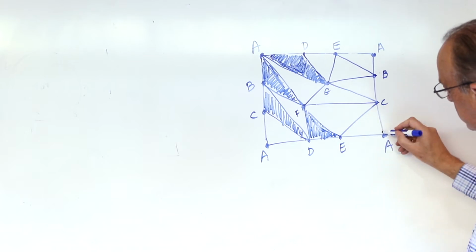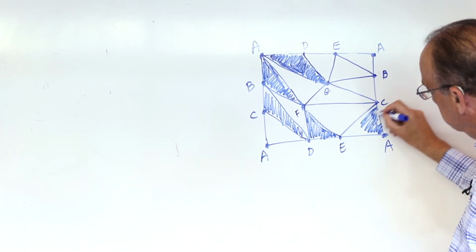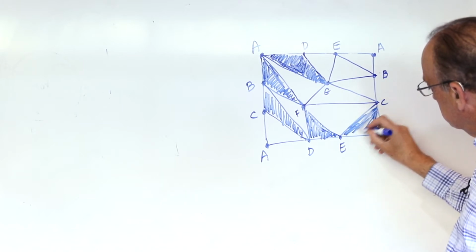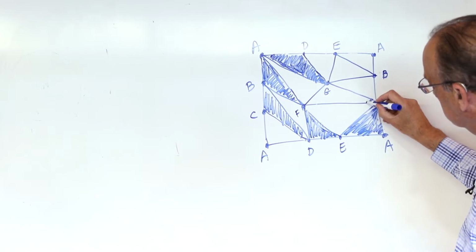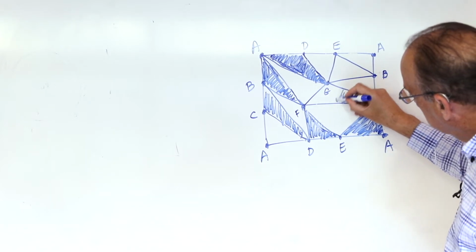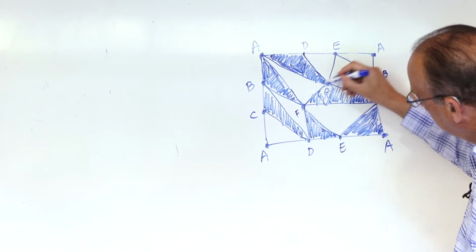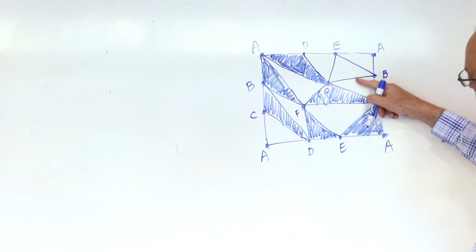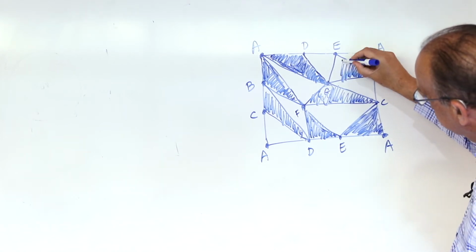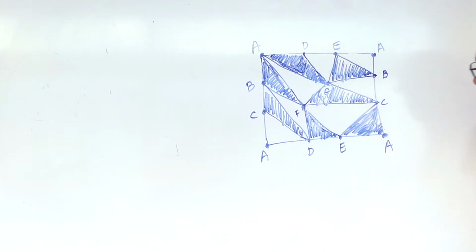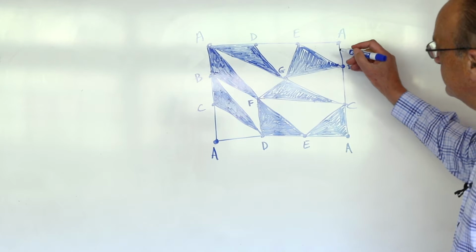Leave this blank and shade in this one. And shade in this one. Leave that blank, shade in this one. So now we're going to number each empty triangle.